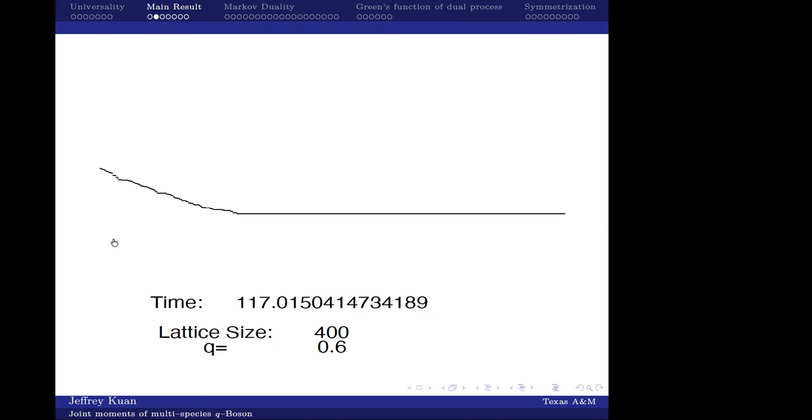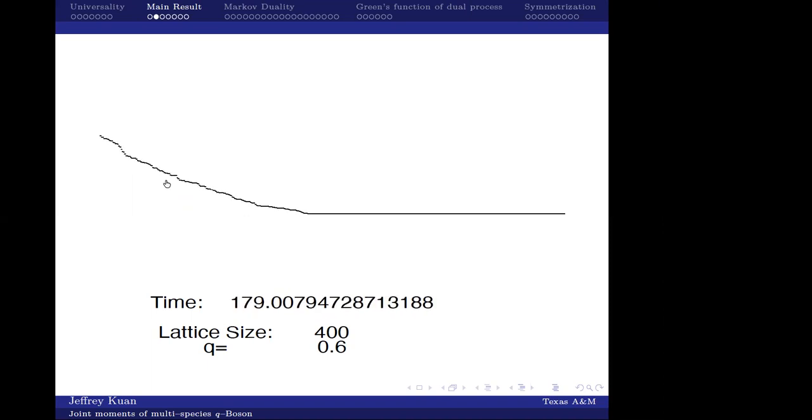This line is just the number of particles at each site. Once again, it's a random curve, and it fluctuates around some deterministic curve. We're interested in knowing what these fluctuations are. Okay, I guess I restarted. Initially there are no particles here, infinitely many there.